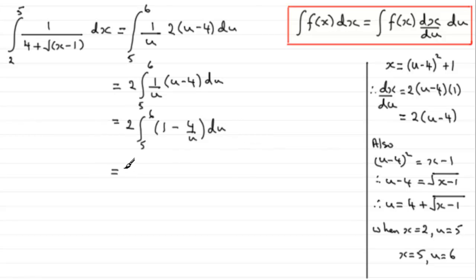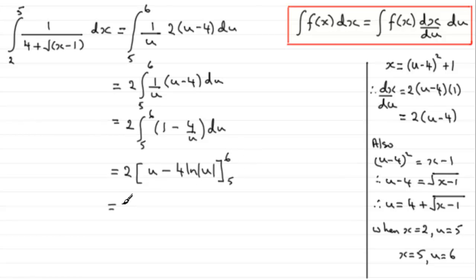So the integral of 1, well, that's easy. With respect to u, that's going to be u, and the integral of 4 over u is going to be the natural log of u. So we've got this minus here, so it's minus 4 times the natural log of u. We should really put that in a mod sign, and we're going between 5 and 6.